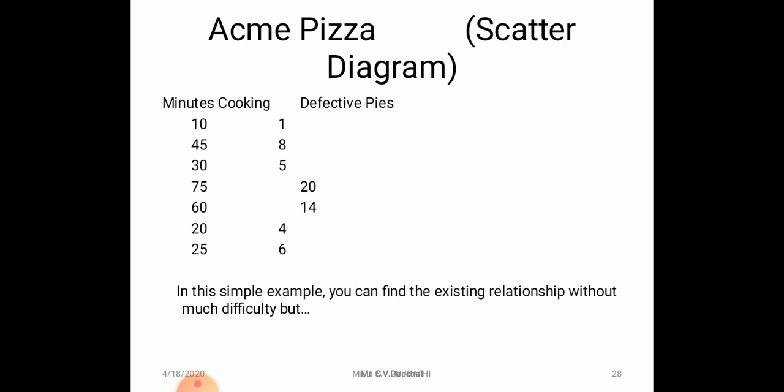If the person takes 45 minutes, then the probability of producing defective pizzas is 8. And if he takes 30 minutes to cook the pizza, then the probable chance of producing defective pizza is 5. Likewise 75, 60, as given here.